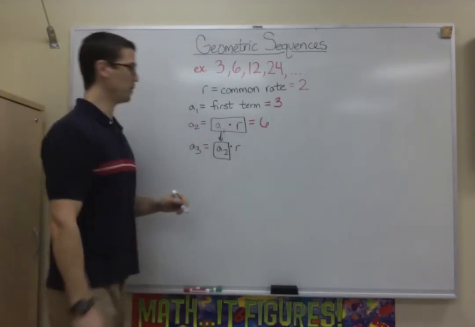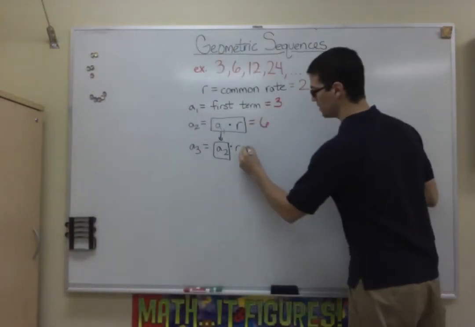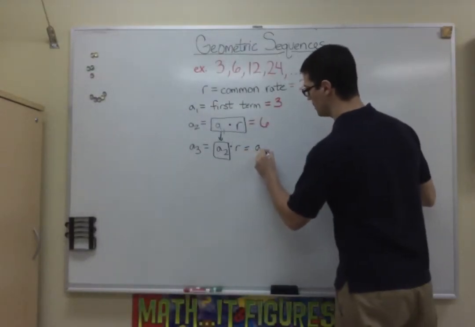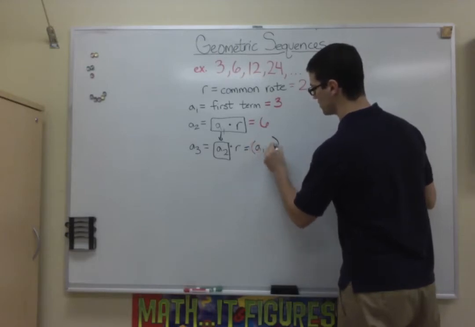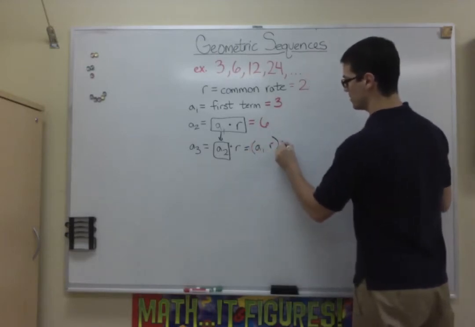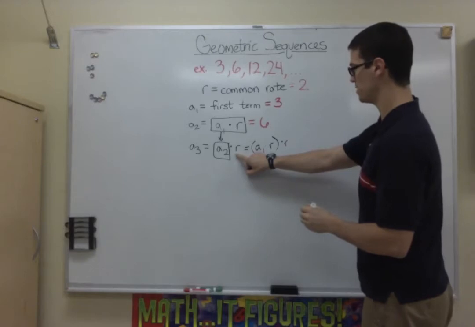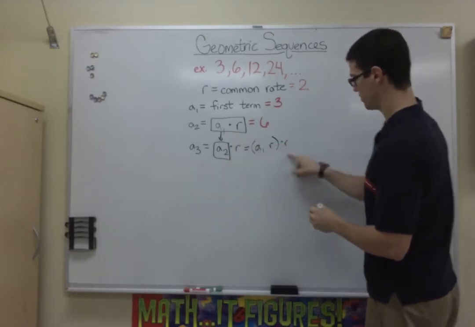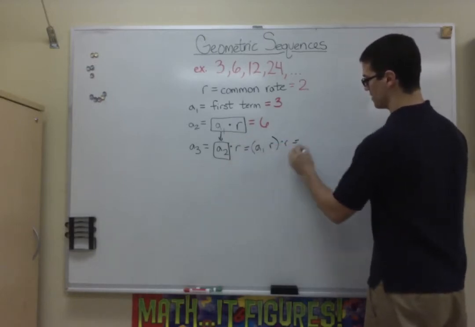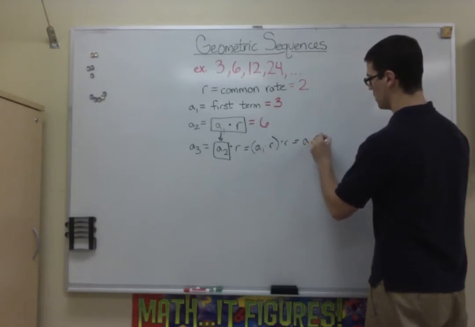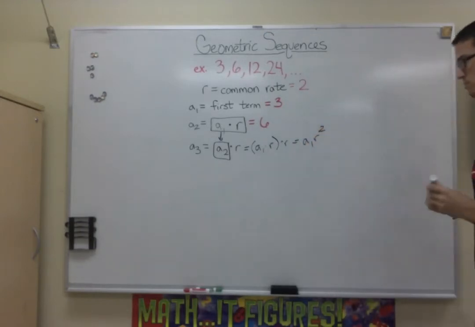And you end up with a different equation. It ends up being A1 times r, in parentheses, times r. So here's the A2, here's the r. And then I'm going to simplify this to get A1 r squared.